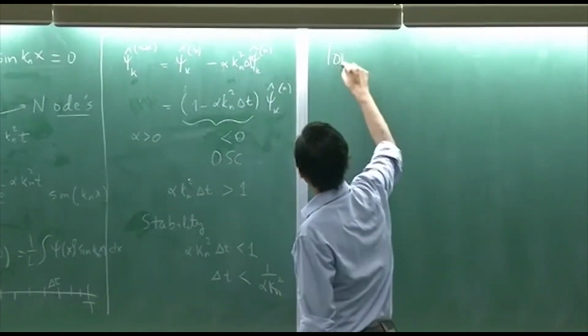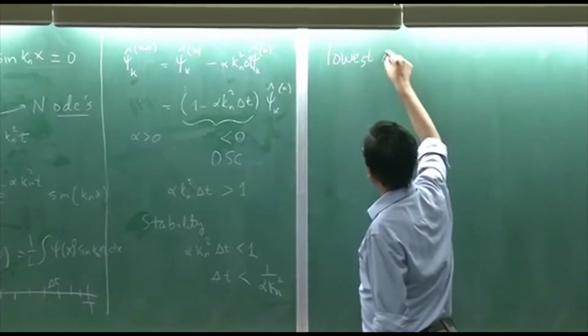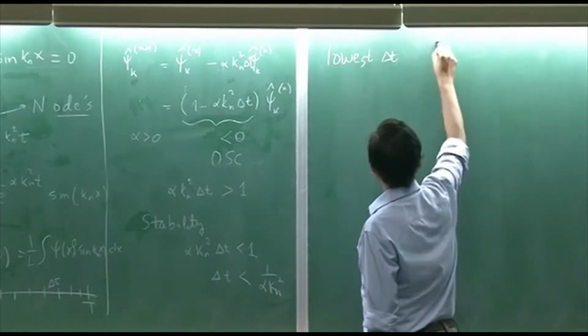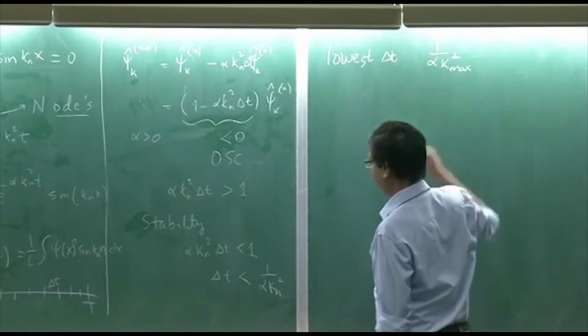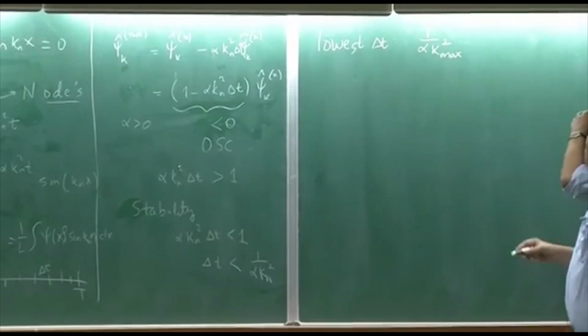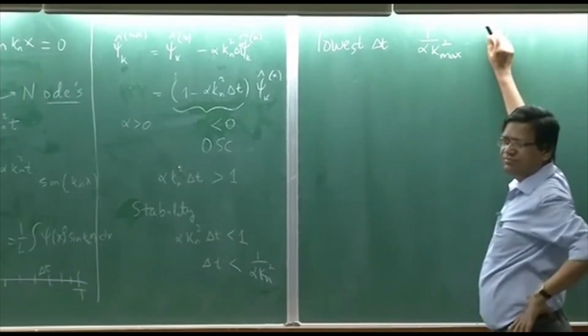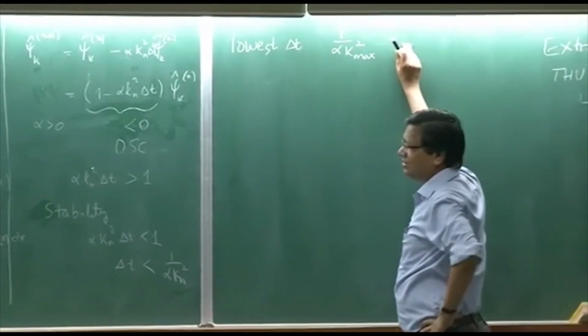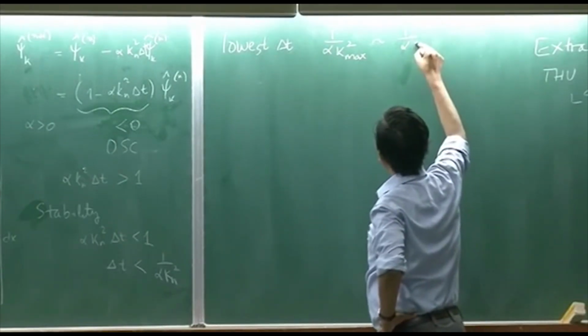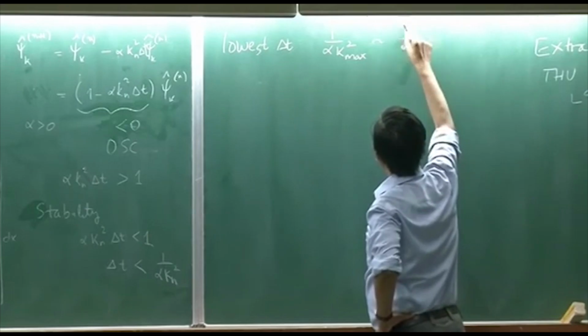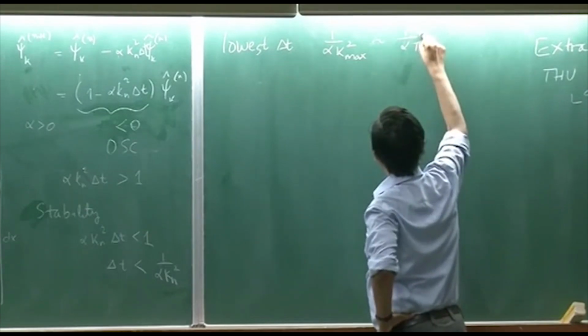So the lowest delta t will be 1 by alpha k max squared. So what is k max? That will be 1 by pi squared lambda min.